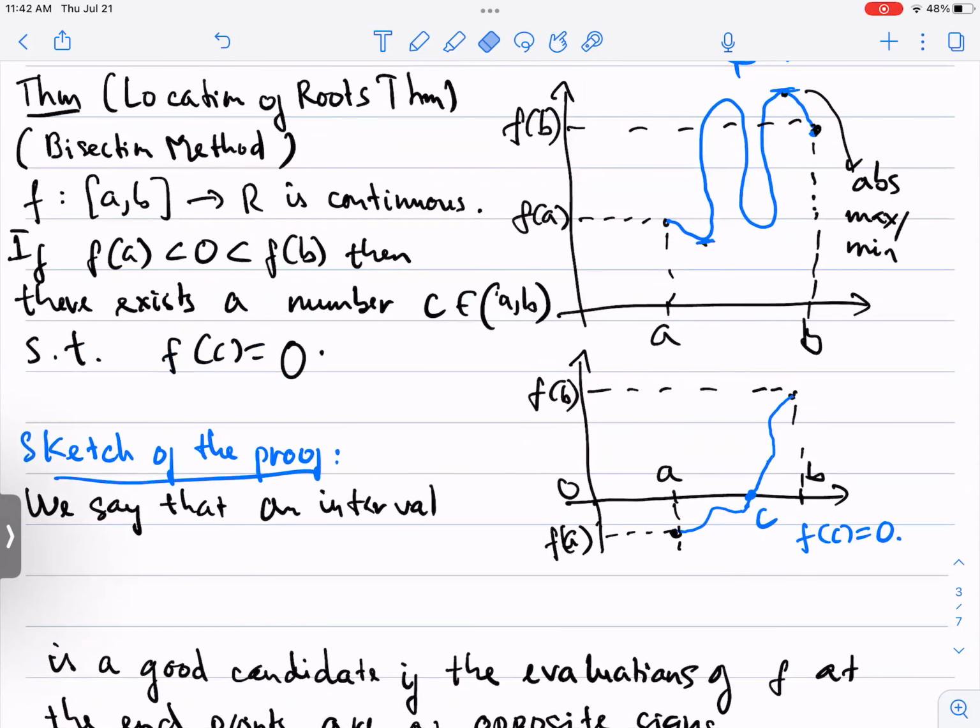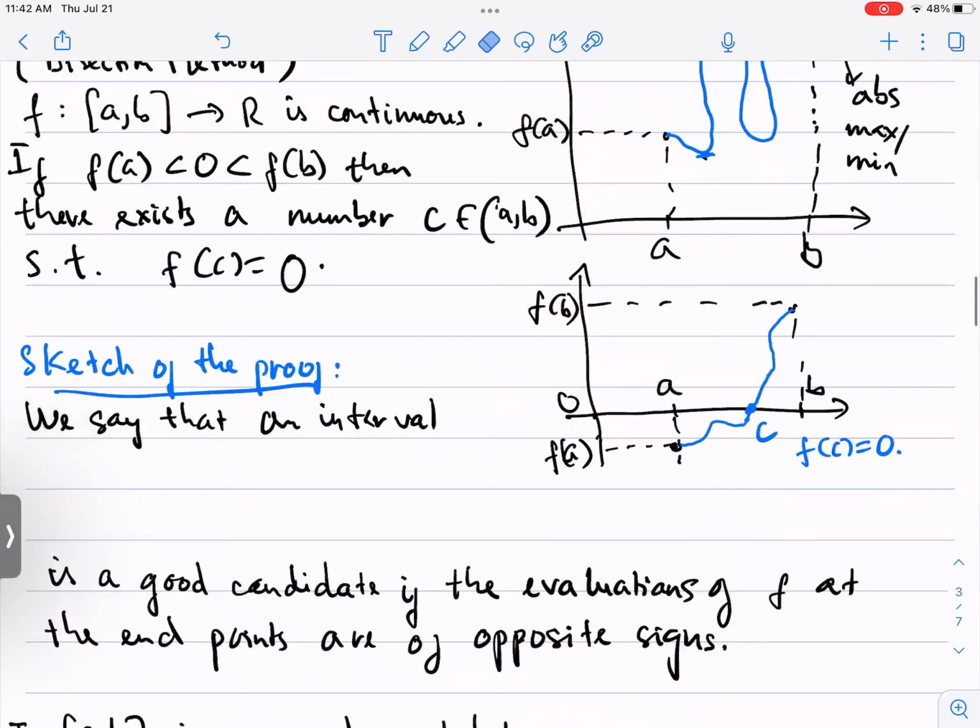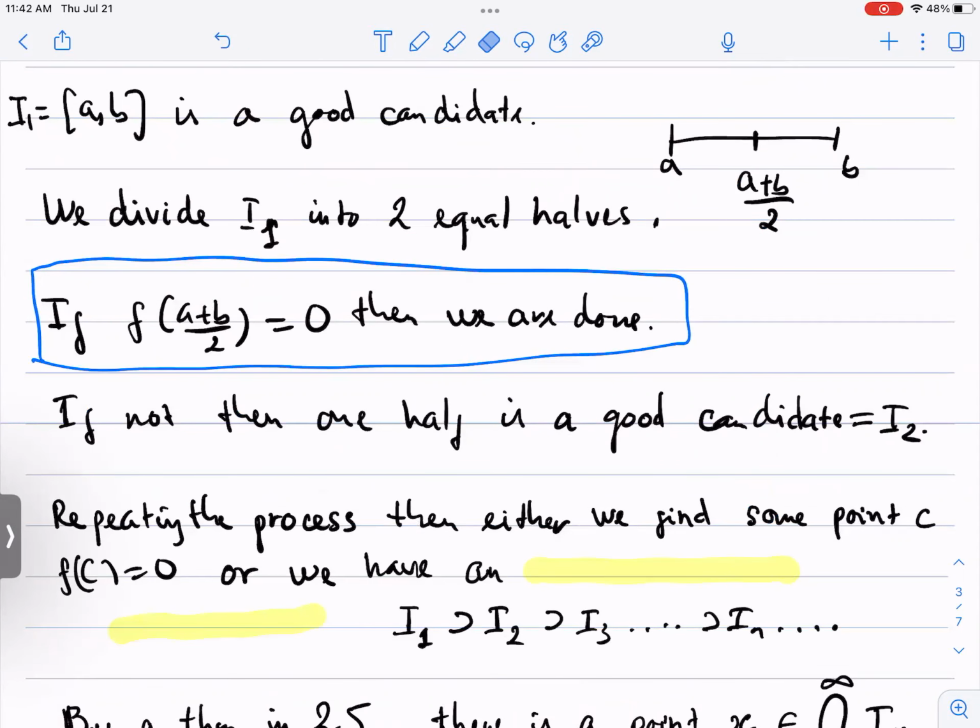The key assumption here is that the function assumes values of opposite signs at endpoints of this interval. So the idea of this proof is that we're going to keep breaking down this interval into two equal halves. At each step, we're going to keep the good candidate and throw away the other one.